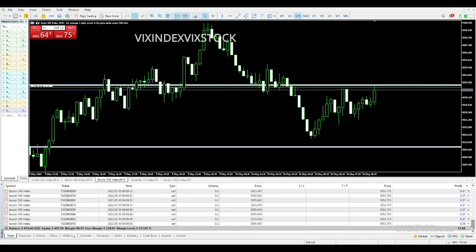I'm using smaller lot sizes, because if it spikes out of my trades there, and God forbid it spikes out there, it means my account is going to be at risk.